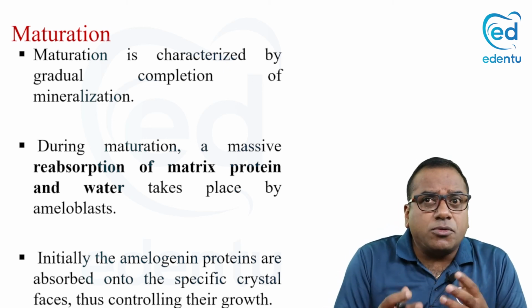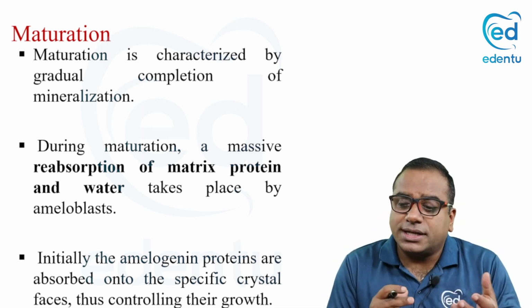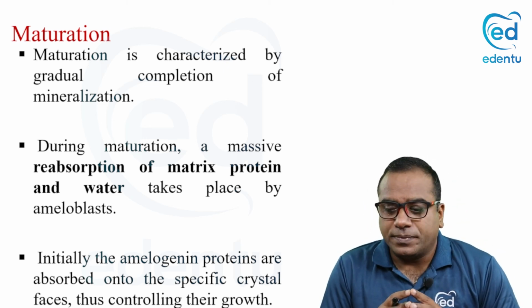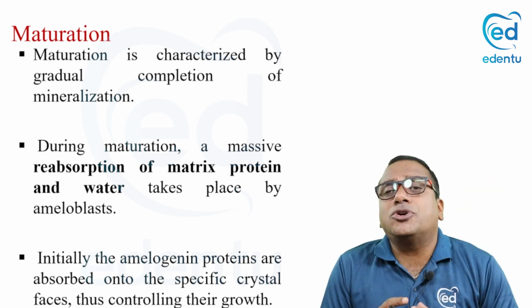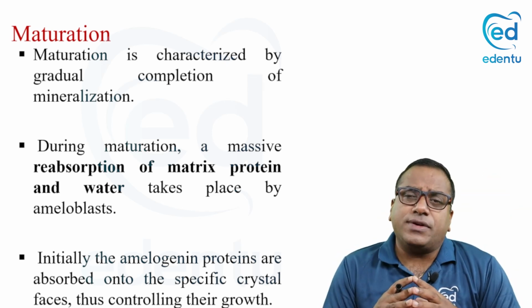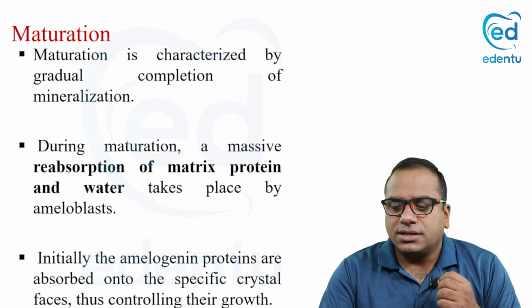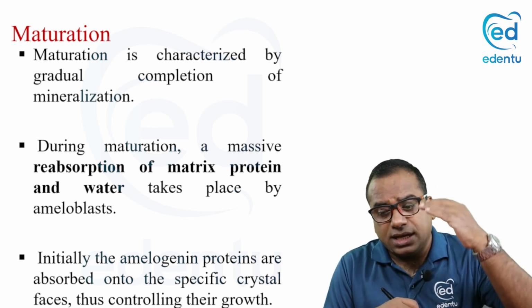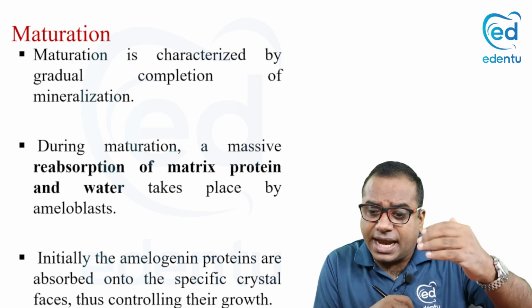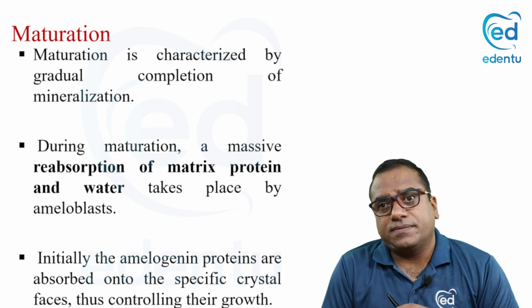So how will it be removed? With the help of an enzyme, that is the proteinase enzyme. And after some time, it is again reabsorbed by the endocytic action of the ameloblast. And in the tertiary stage of mineralization, the maturation process starts at the dentoenamel junction and progresses toward the surface, inside out.